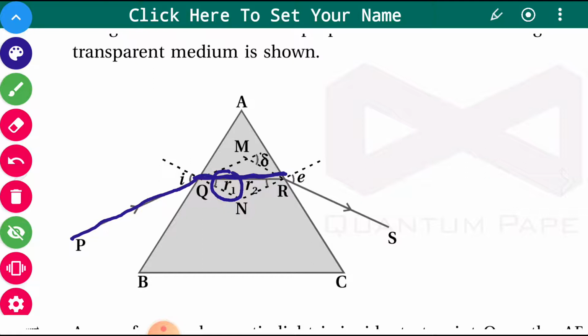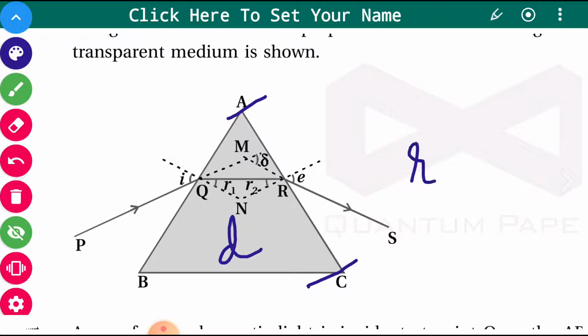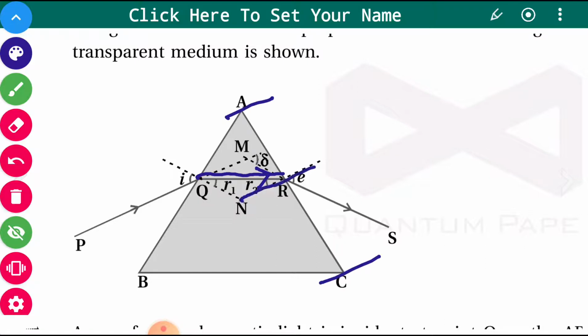Now this refracted ray will fall on the second side, that is the AC side of the prism, and it goes from denser medium to rarer medium. So what will happen? It will go away from the normal. So this is the incident ray for the AC face. The normal drawn at the point of incidence is the dotted line.